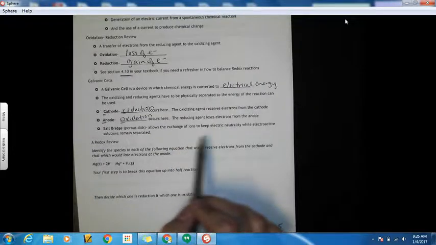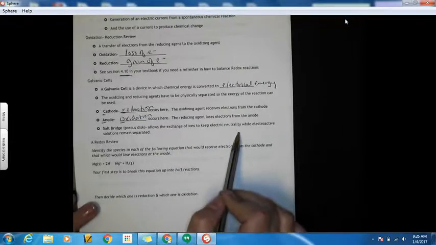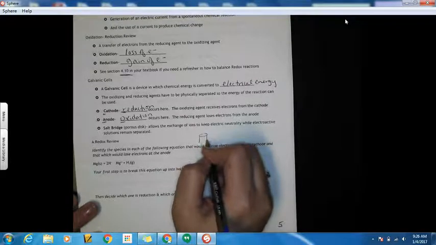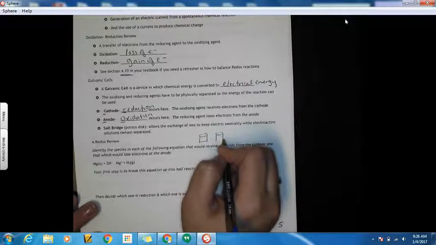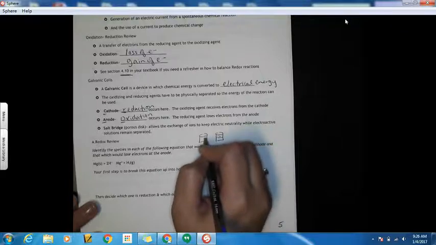Okay? The salt bridge is a porous disk which allows the exchange of the ions to keep it electrically neutral while the solutions are separated. So basically you have a flow of electrons that go through a wire. So basically a cell looks kind of like this, and you have some electrodes.